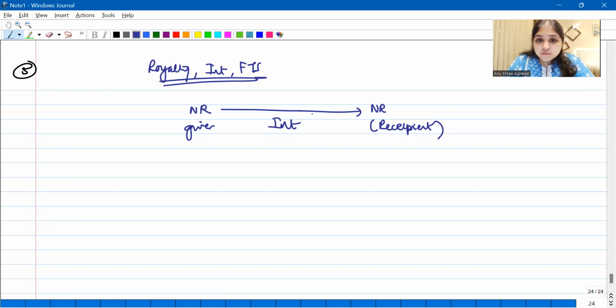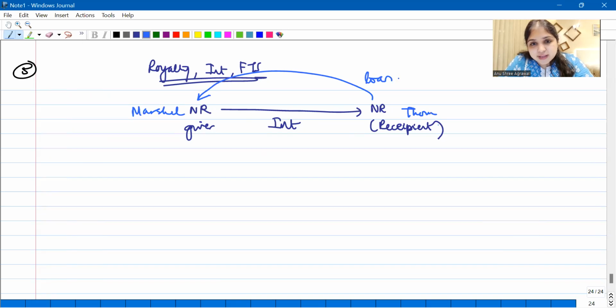Now listen, why is the non-resident giver giving interest? Because the non-resident recipient would have lent a loan. Mr. Marshall is giving interest to Thomas because Thomas would have given a loan. Now listen, non-resident is giving interest.